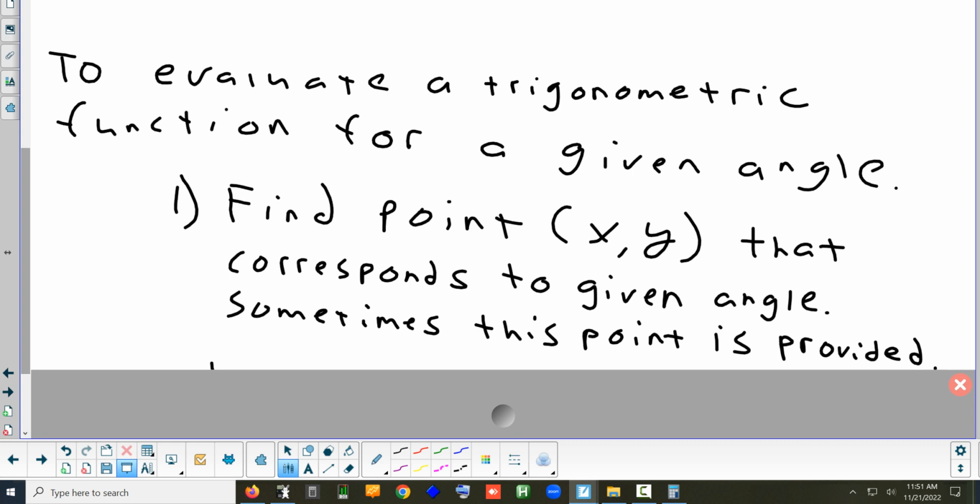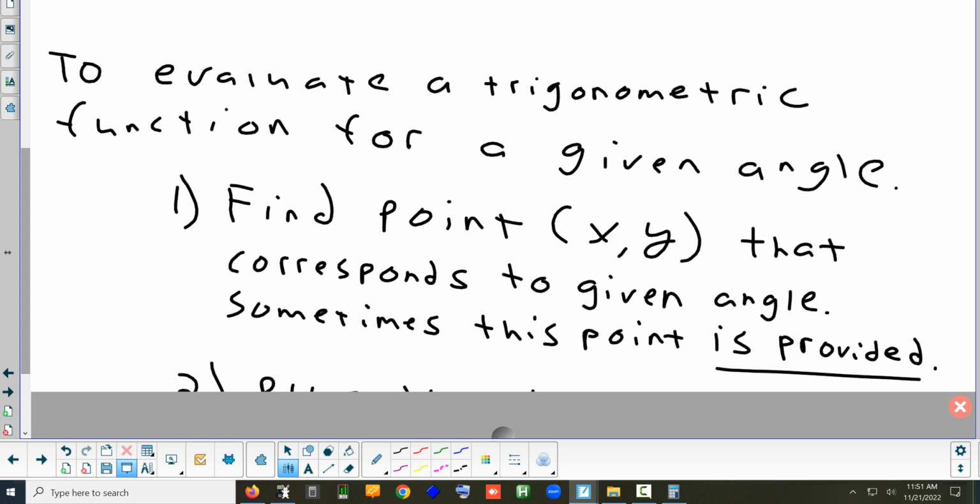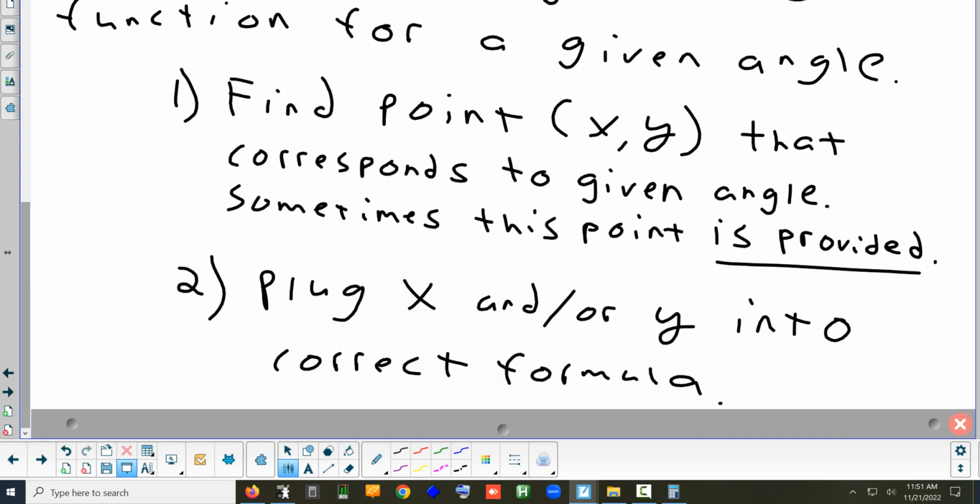Now, sometimes they'll give you the coordinate. If they give it to you, then great, you don't have to worry about finding it. But that's the first step: find the coordinate. And the second step is to plug in the x value or the y value into whatever it is they want to know.